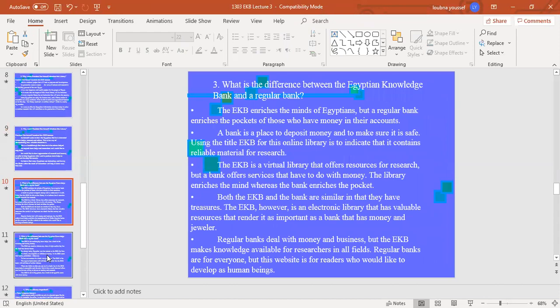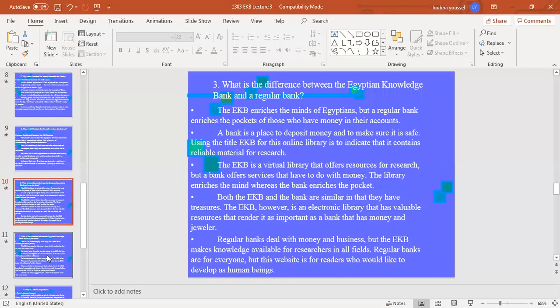Now, what is the difference between the Egyptian Knowledge Bank and a regular bank? Here we have comparison and contrast. The Egyptian Knowledge Bank enriches the minds of the Egyptians, but a regular bank enriches the pockets of those who have money in their accounts.